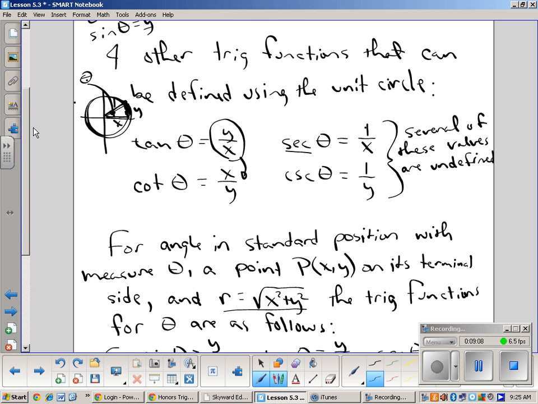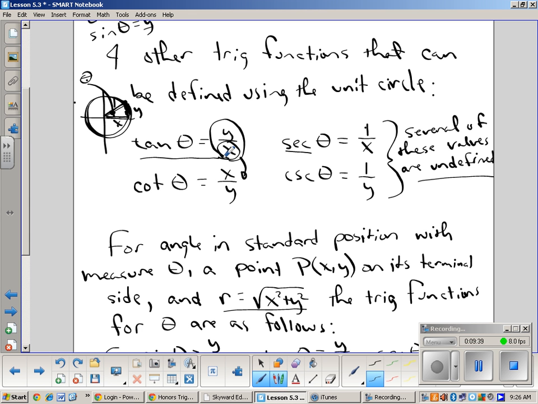If we go back up here, there's this statement right here I meant to comment on, and I forgot to. Several of these values are undefined. What makes them undefined? When the denominator is 0. And so, for example, tangent of 90 degrees, right here, the x value of a 90 degree is 0.